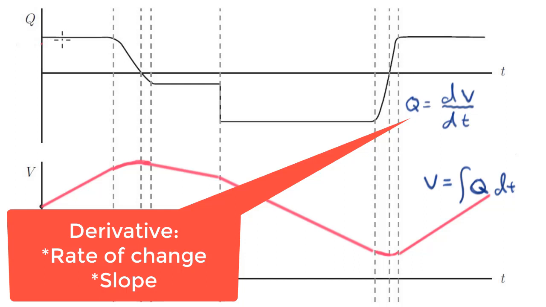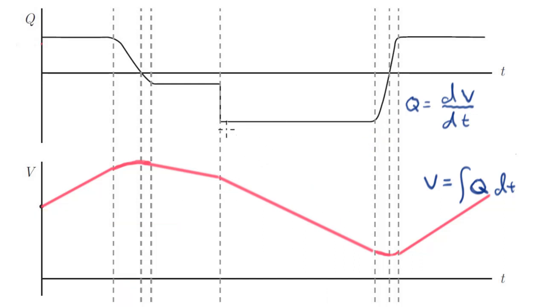And you can see it in the plots too. Whenever Q is positive up here, V would be increasing. Whenever Q is negative, V, the volume, is decreasing, right? The more negative it is, the faster it decreases. Whenever Q passes through 0, V is at its maximum.